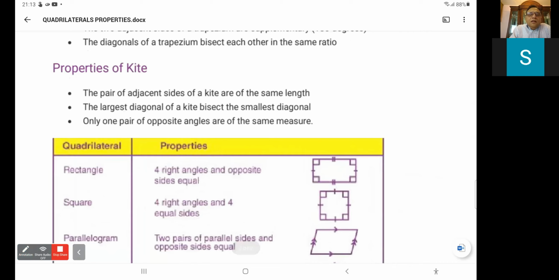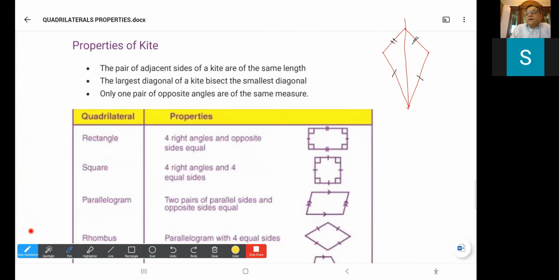A kite is like this. Looks like a kite. So in a kite, these two sides on the top are equal and the bottom two are also equal. Do you see that? Yes, sir. And if I draw the diagonals, they will intersect at a right angle. One is smaller and one is bigger.